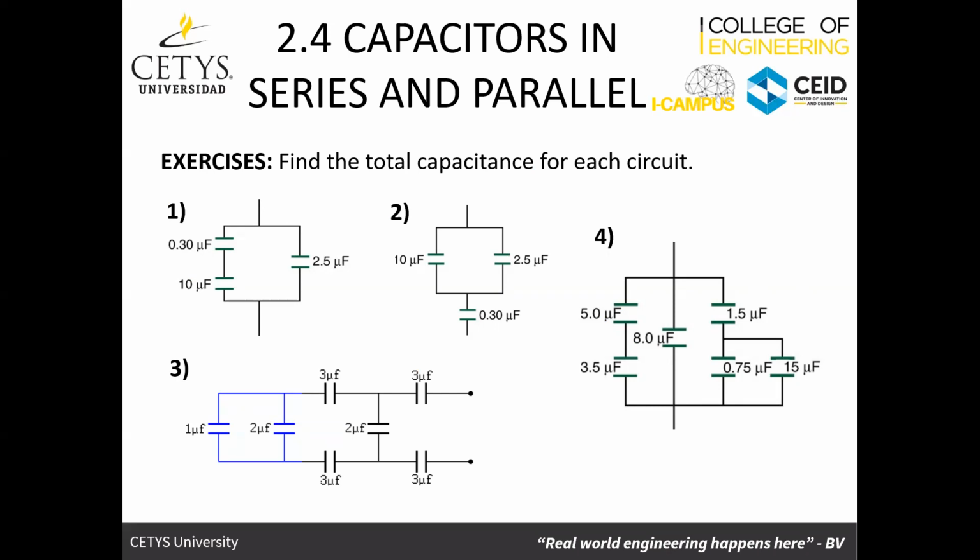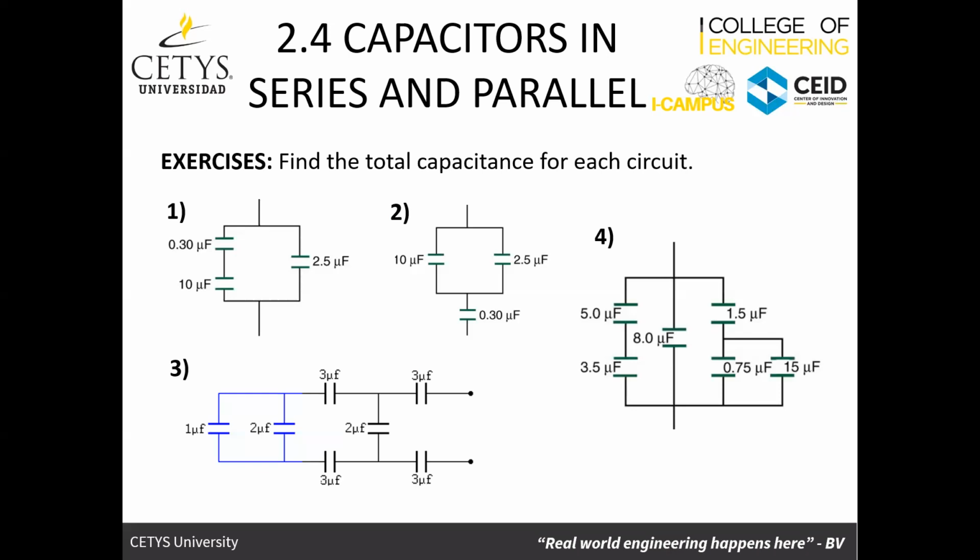The way we approach these problems is that we need to identify in the circuit what connections are clearly series and what connections are clearly parallel, and focus on those. And so I'm going to give you tips. The first one is to identify connections that are clearly series or clearly parallel.